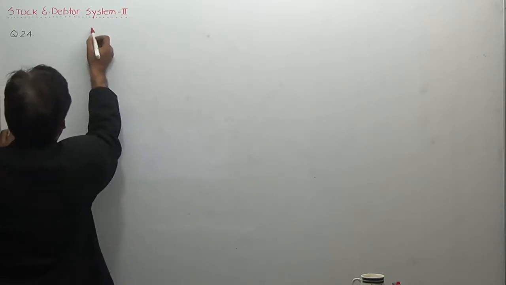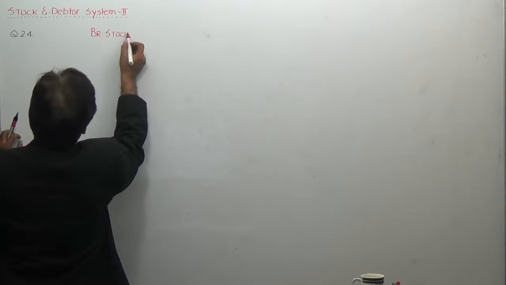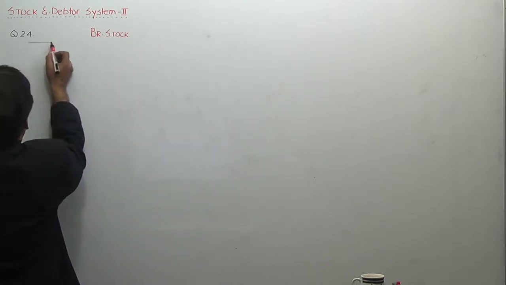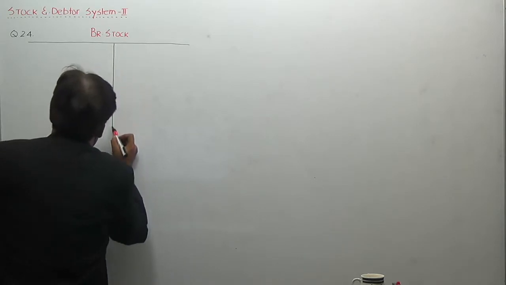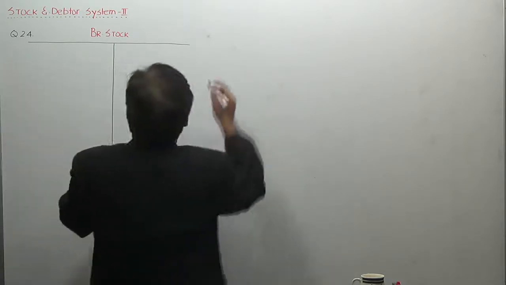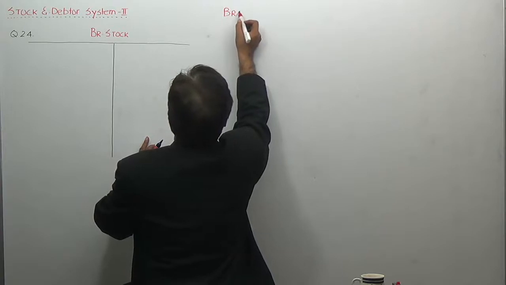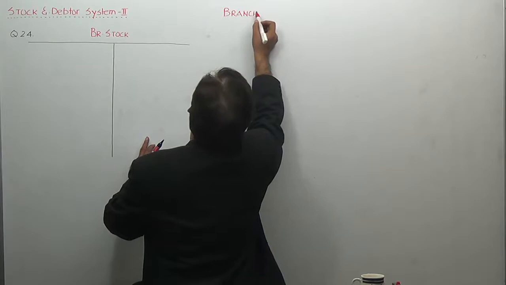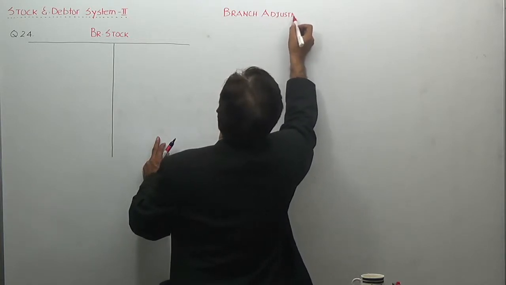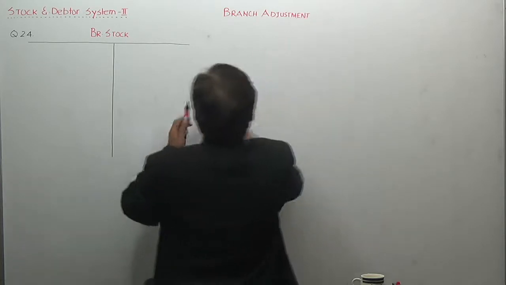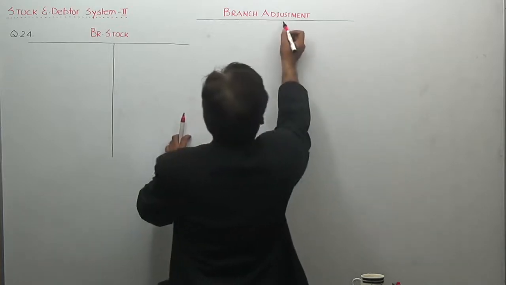As you know, under the stock and debtors system, we are supposed to prepare the branch stock account. Besides the branch stock account, we shall prepare the branch adjustment account.